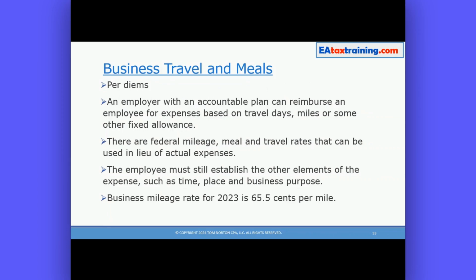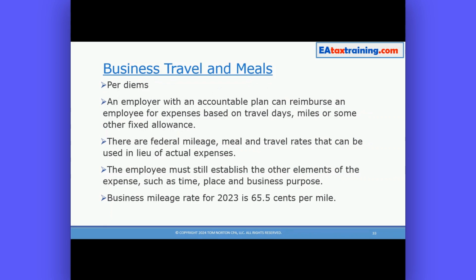Per diem, so we touched on this earlier. An employer with an accountable plan can reimburse an employee for expenses based on travel days, miles, or some other fixed allowance. So there are federal mileage, meal, and travel rates that are published.